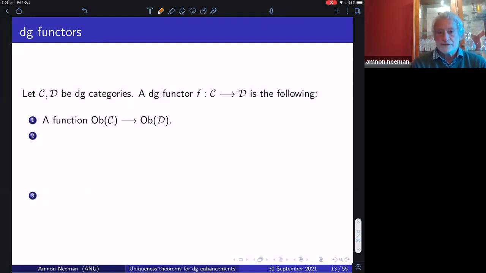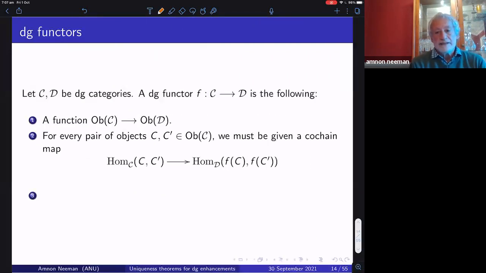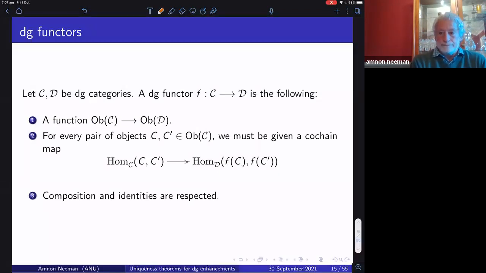It takes objects of C to objects of D. Given any two objects of C, there has to be a cochain map from the cochain complex hom C, C dashed to the cochain complex hom F of C, F of C dashed, and composition and identities are respected. So this defines for us what a DG category and a DG functor is.